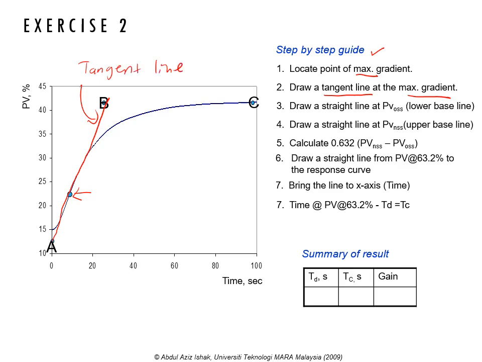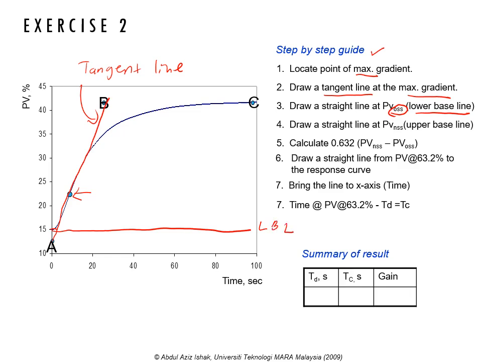Next, you need to draw a straight line at the PV at the old steady state value, and it is known as the lower baseline. So how do we find the old steady state value? The old steady state value is at this point. So draw a straight line, and this is known as the lower baseline.